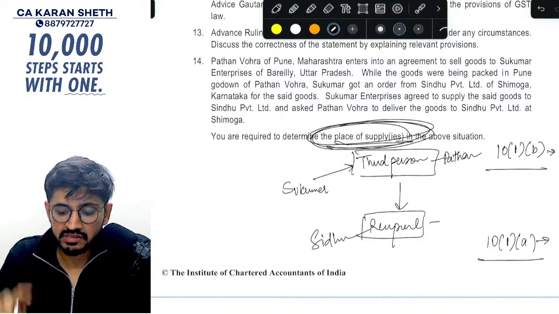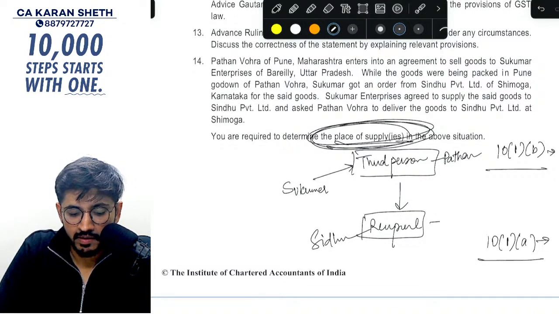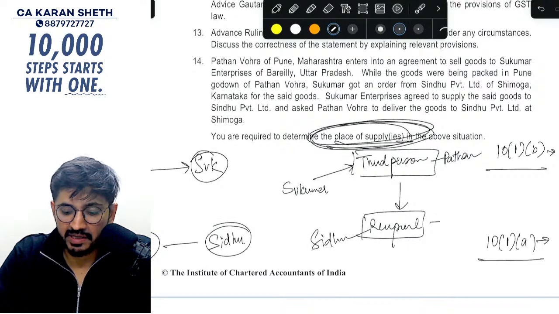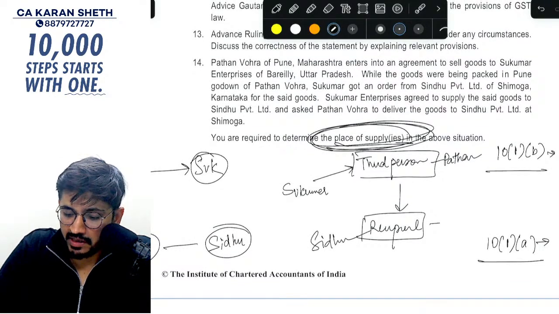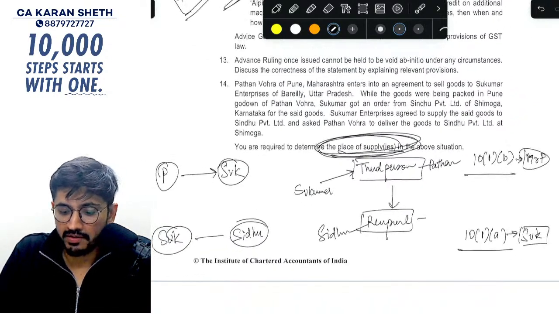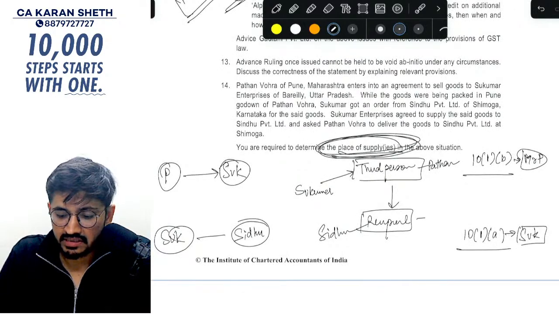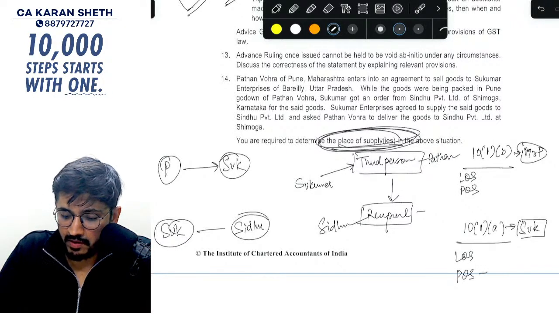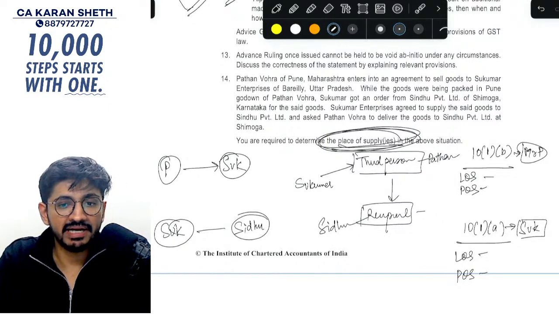So here the first person is Pathan, who is supplying it to Sukumar, and Sukumar is supplying it to Sidhu. So as per 10(1)(b) we will talk about Mr. Pathan, and as per 10(1)(a) we will talk about Sukumar. Got it? Make sense? Yes. Now understand, here location of supplier, place of supply. Location of supplier, place of supply. What will it be, my dear friends? Tell me.